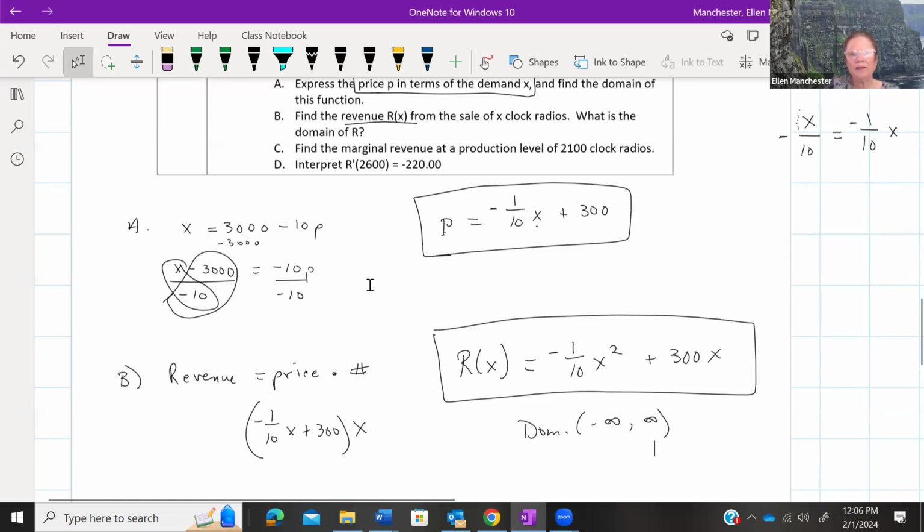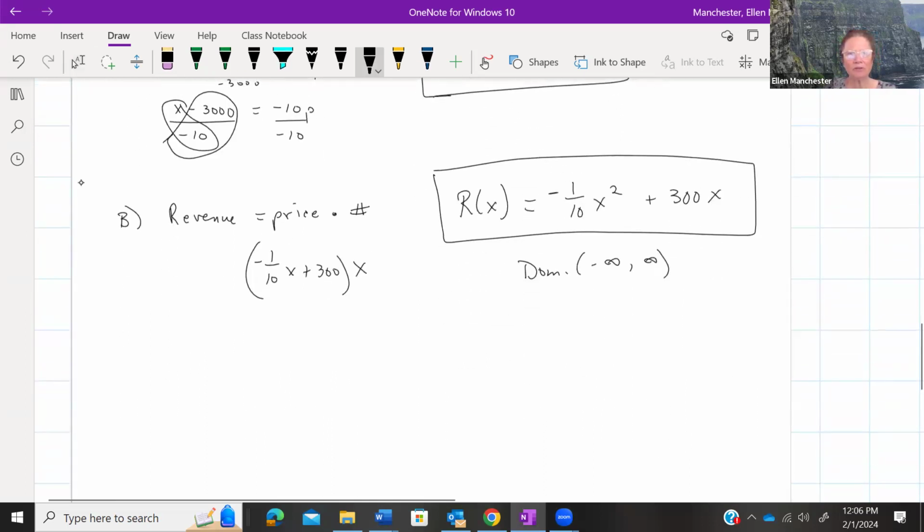All right, and then C says, find the marginal revenue. Marginal means derivative. So all that means is I'm going to take my revenue function and find the derivative of that. So 2 times negative 1/10 is negative 2/10 x.